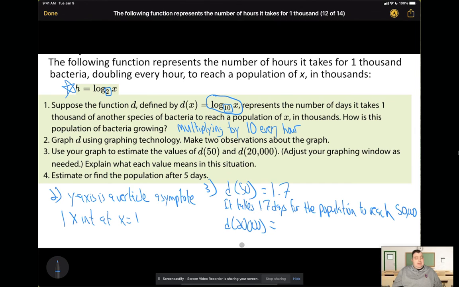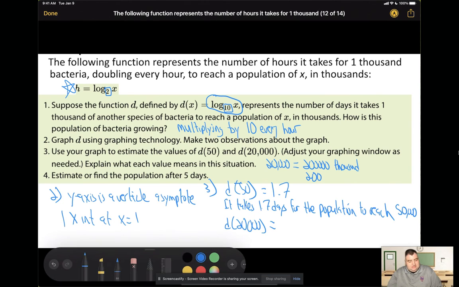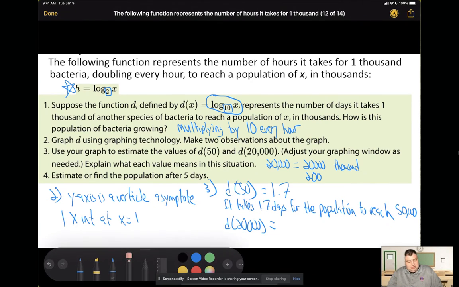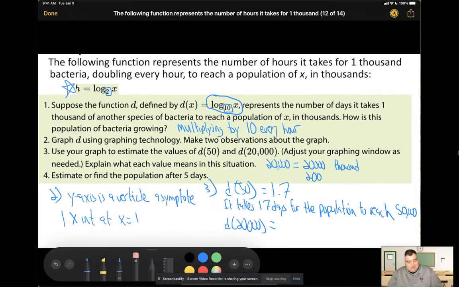For d of 20,000, this is going to be a different story. What that really means is 20,000 thousand. To get the actual value, since 1,000 has 3 zeros, I need to essentially add 3 zeros to 20,000.